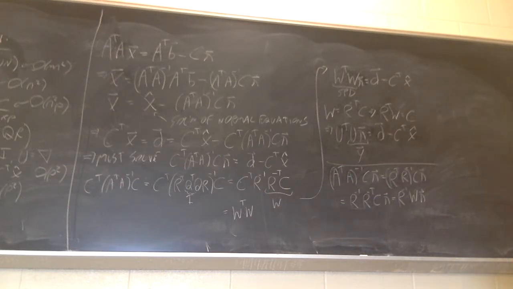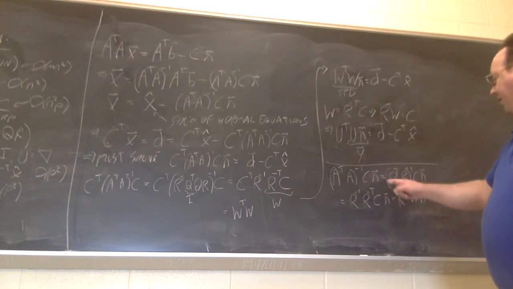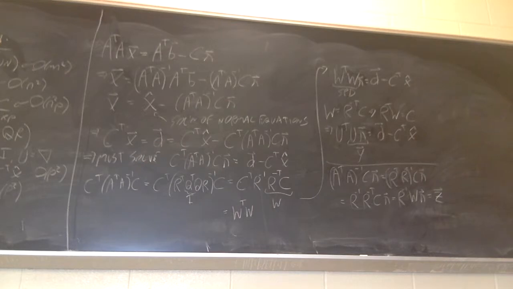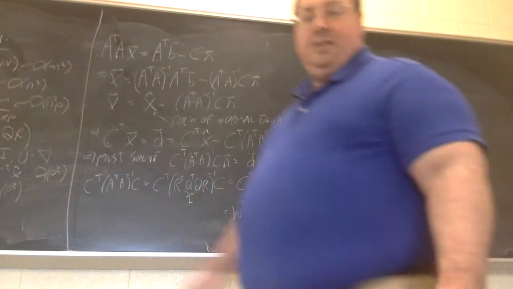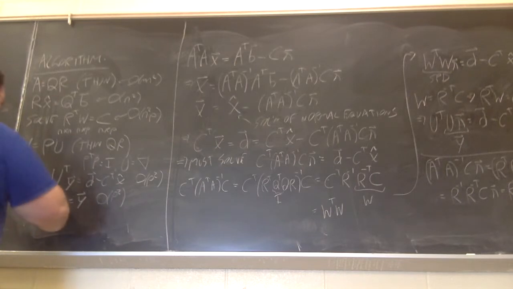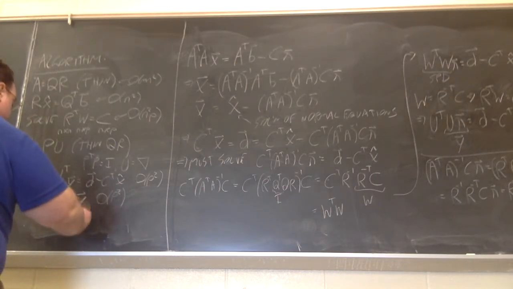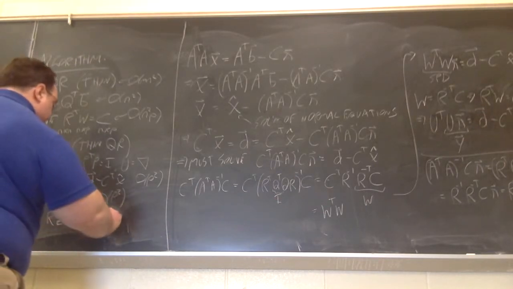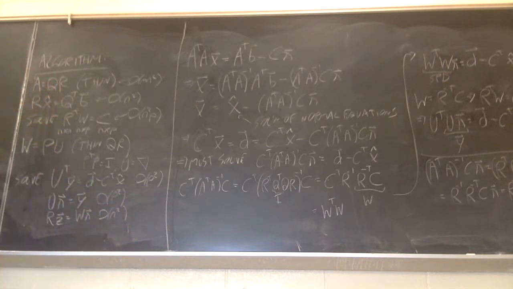So this vector that we're looking for, I'm going to call that Z. So that's the same thing as saying RZ is equal to W lambda. That's what I'm solving. So I'll fill that in my algorithm. So I'm going to solve RZ is equal to W lambda. That is back substitution, or n squared operations.